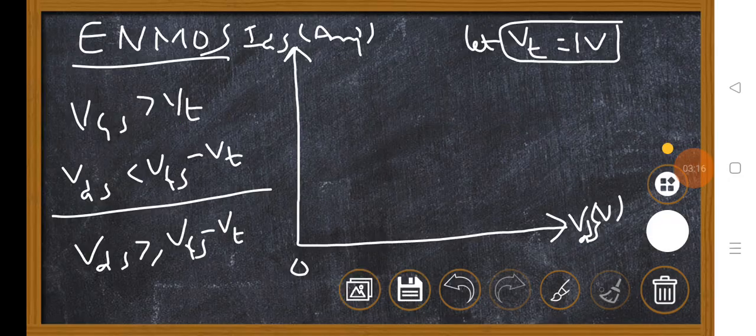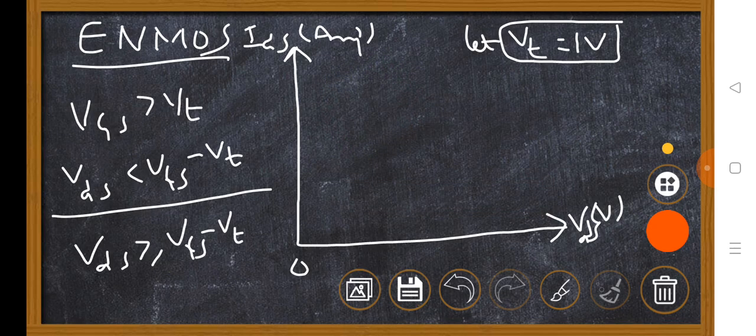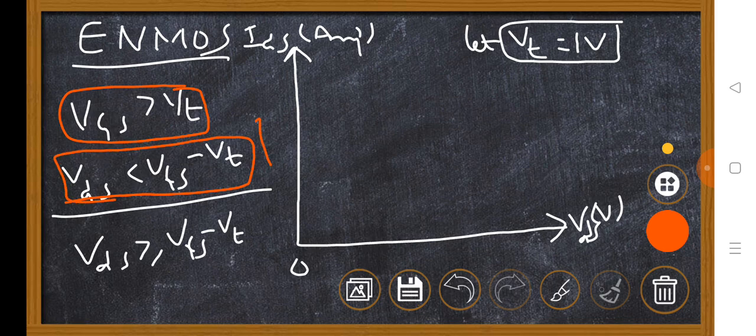Now we are going to observe the characteristics of enhancement mode NMOS transistor. Before that, I am once again recalling the conditions. The gate to source voltage must be greater than threshold voltage, and whenever VDS is less than the effective gate voltage, the current is going to increase. That means active region. When VDS is greater than or equal to VGS minus VT, the current is going to stay constant.